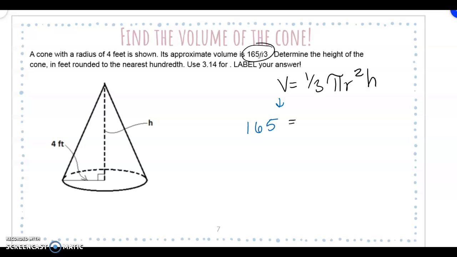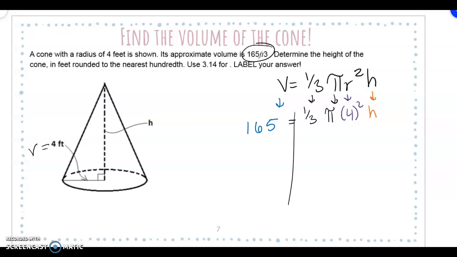So I'm going to plug that in for volume. And what else do I know? I know my radius, which is right here, which is 4 feet. So I'm going to plug in that 4 and leave the h, because that's what we're looking for.